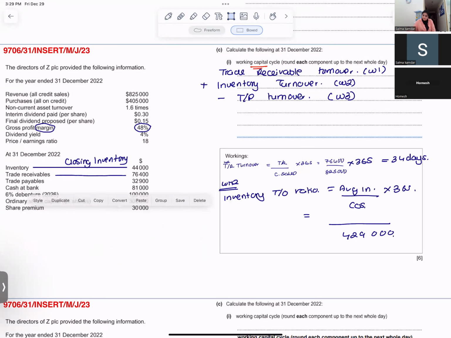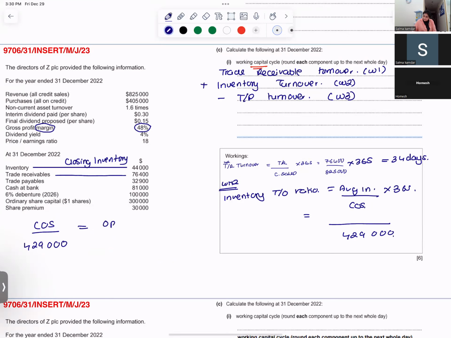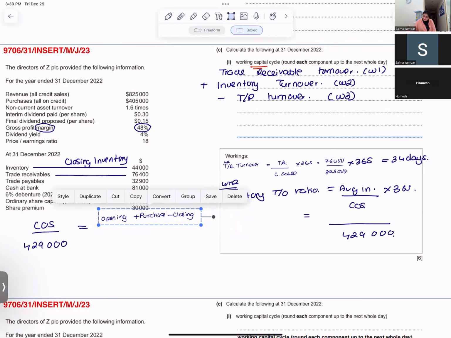Now I know my cost of sales is how much? 429,000. What is the formula for cost of sales? Opening inventory, add purchases minus purchase returns, minus closing. Cost of sales is 429,000.